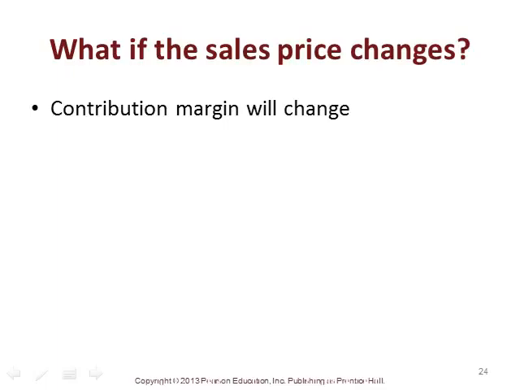And so to solve for this, what if the price changes, we calculate a new unit contribution margin to compute break-even sales in units. We can then use the new unit contribution margin to compute break-even sales in dollars, or we can use the unit contribution margin to compute the break-even point using an operating or target profit.